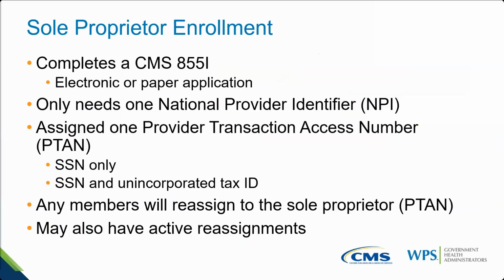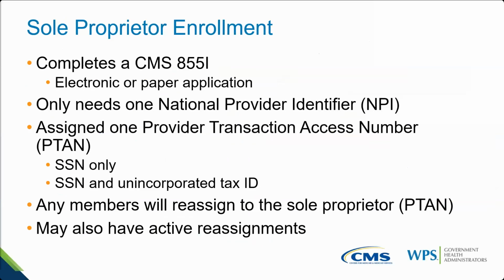Conversely, the PTAN is the number issued by the MACs that contains the behind the scenes data, things like practice locations for a given practice setup, tax ID information, where the checks should go, bank account information, specialty information, information used to code claims and pay claims for a particular practice.